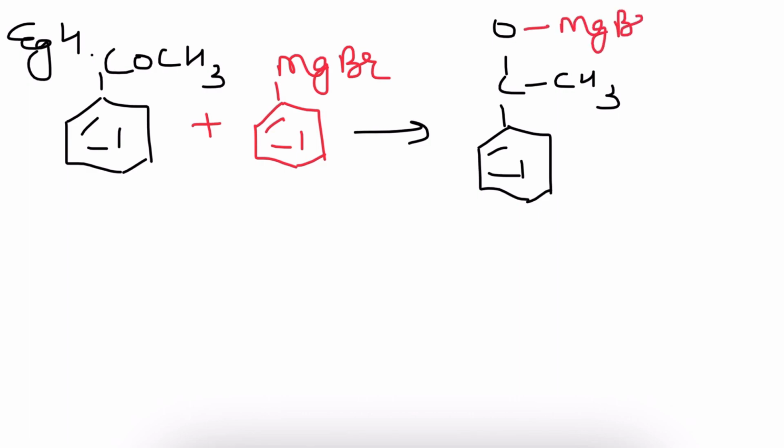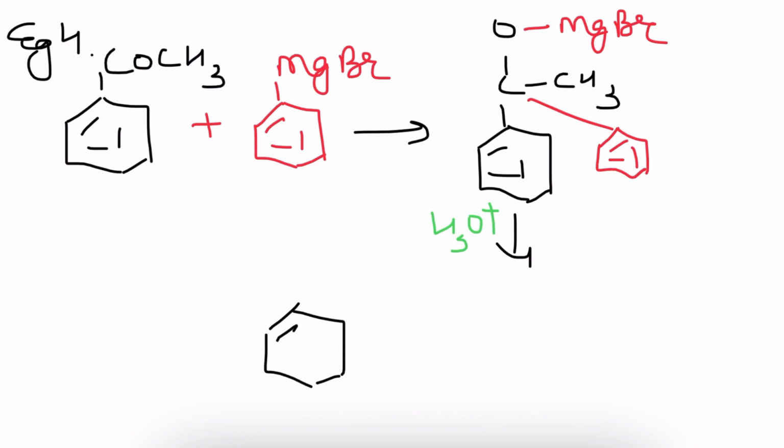MgBr here and benzene ring. This addition product on hydrolysis gives the required alcohol, which is tertiary in nature.